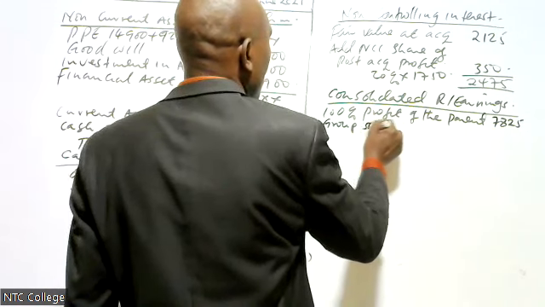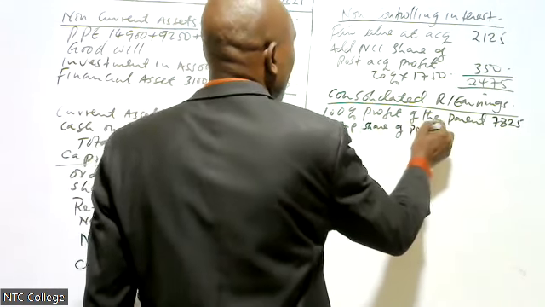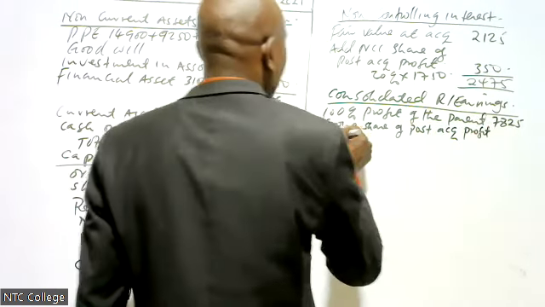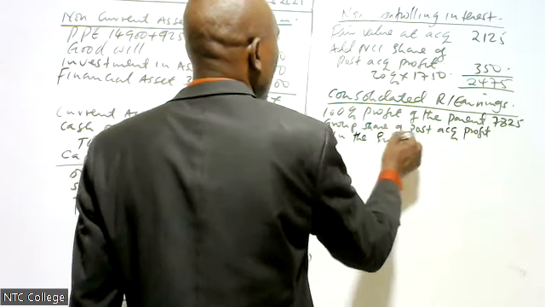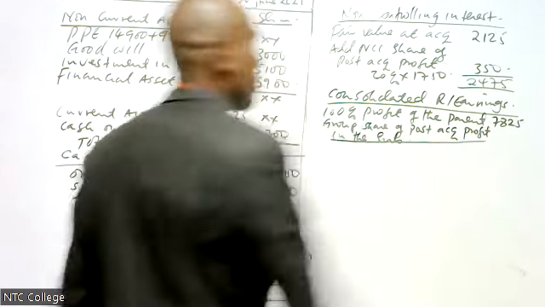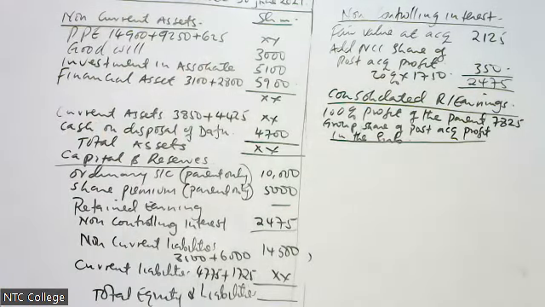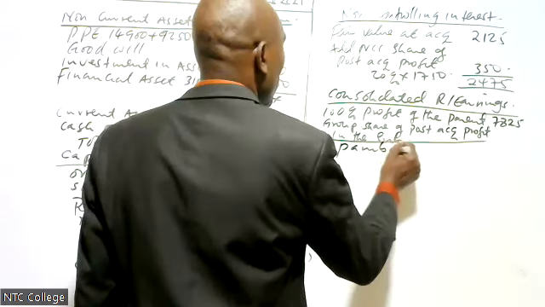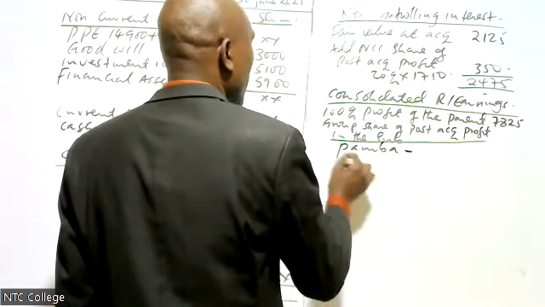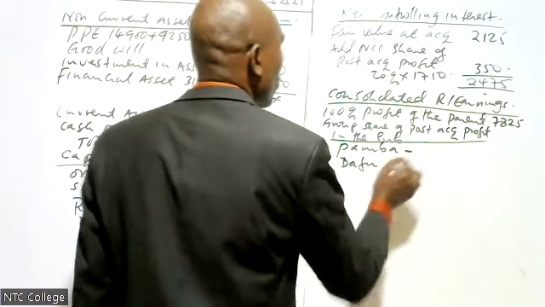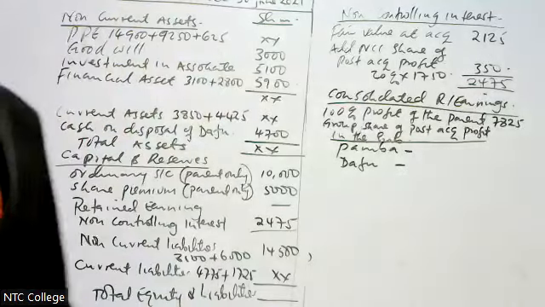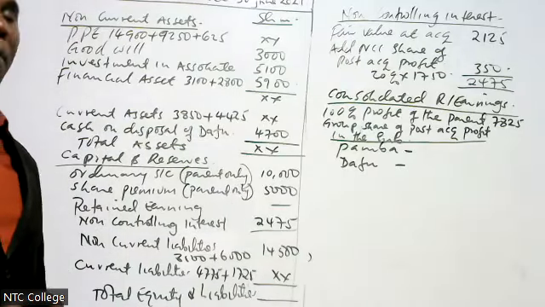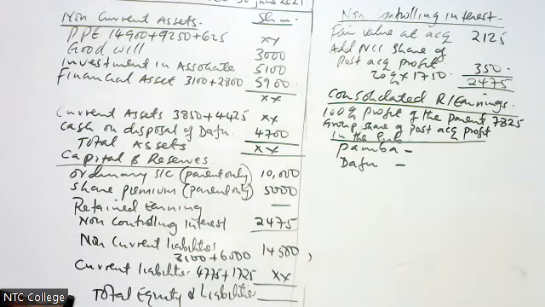In this case, we have two subsidiaries. We have Pamba when it was a subsidiary, then we have Dafu when it was a subsidiary.